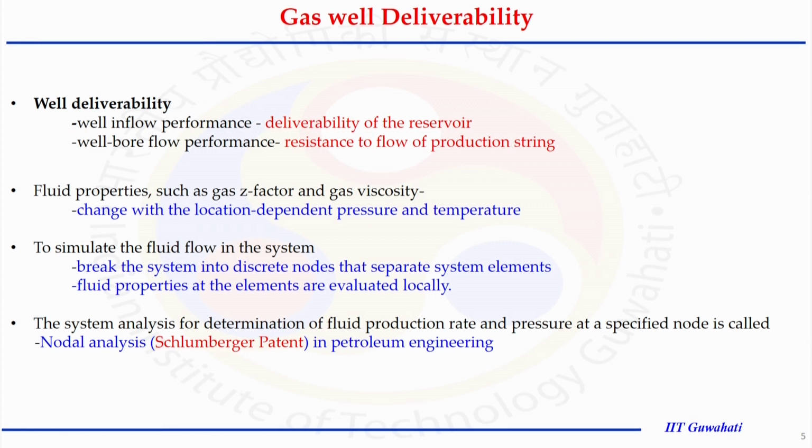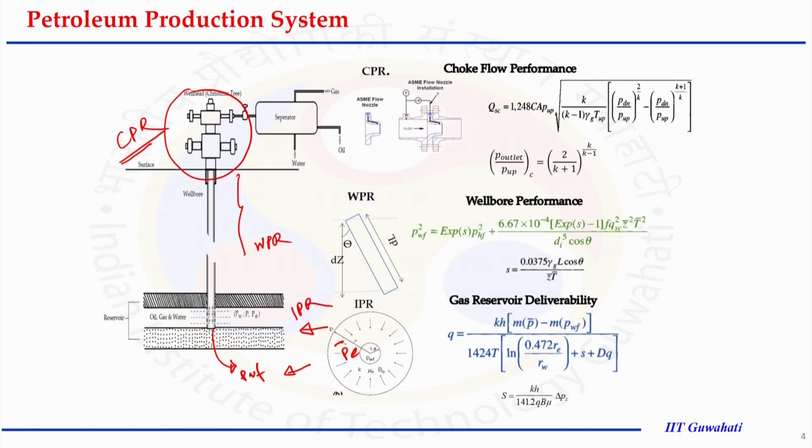But in this case, as you see in this overall picture, our gas flows through several pressure zones, from a porous media at very high reservoir pressure to wellbore pressure, from wellbore pressure to the wellhead pressure, and at the head we have the choke device that again reduces the pressure.